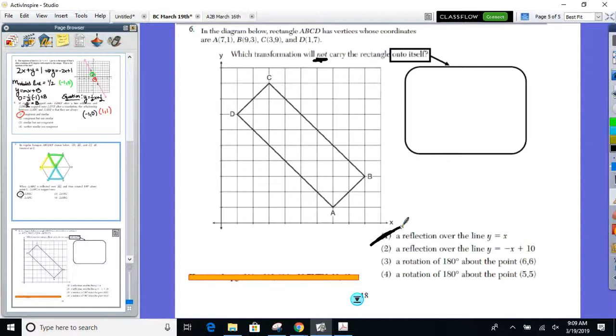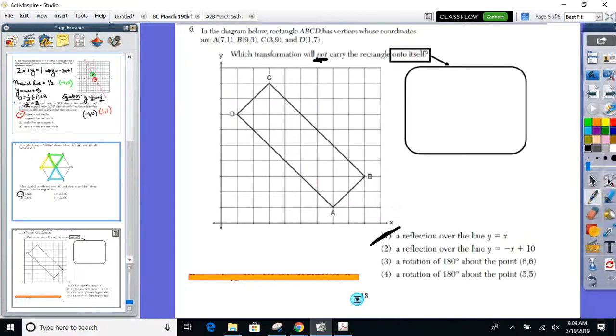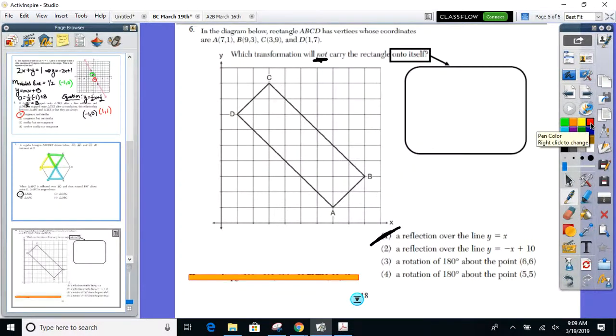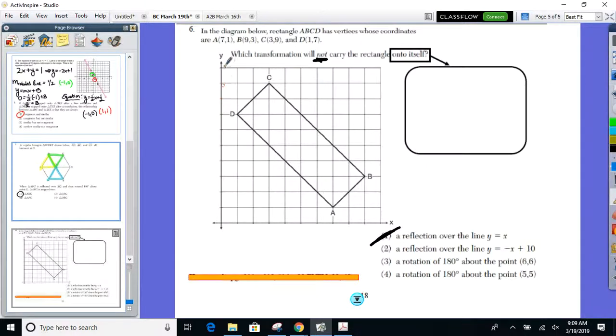Ooh, negative x plus 10. What's that line look like? Well, what's the y-intercept? 10, ready? 1, 2, 3, 4, 5, 6, 7, 8, 9, 10. What's the slope? Negative 1, so I can go down 1 over 1, down 1 over 1, down 1.